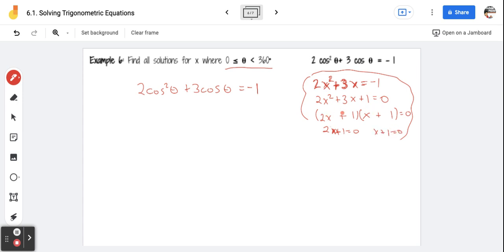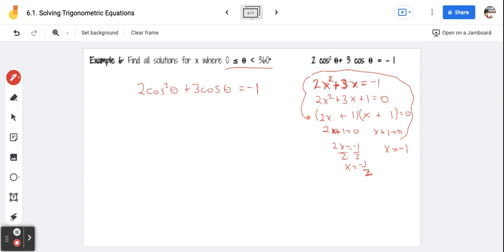So we set each factor equal to 0 and solve to find out what makes it 0. I'll subtract 1 over and divide by 2. So one solution would be x equals -1/2, and the other would be x equals -1.